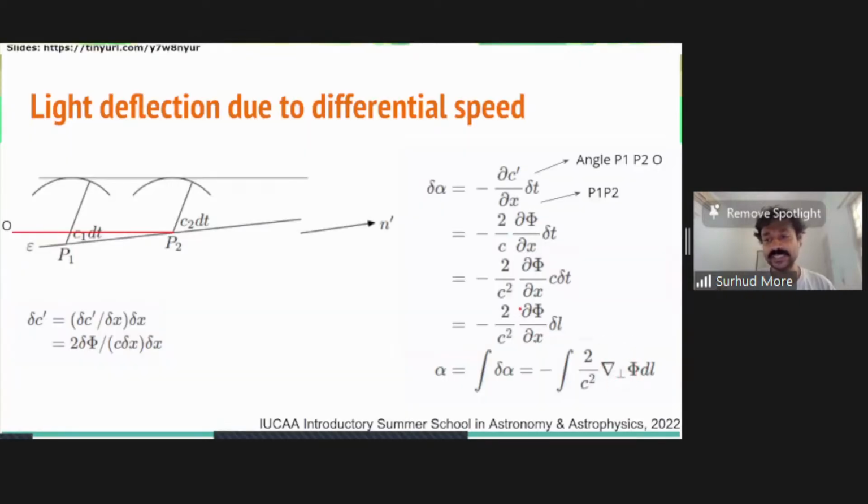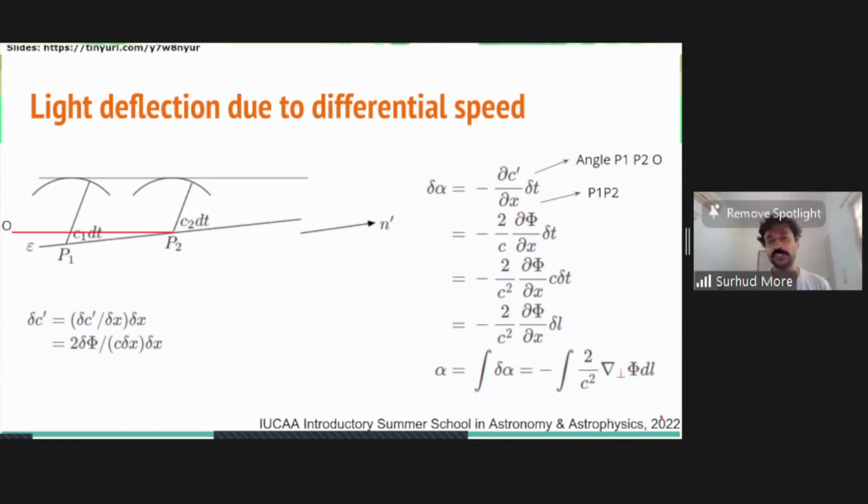Right? So that's what this del phi by del x becomes. This delta L now becomes a dl, and 2 by c square just remains. So this equation represents how a light ray will undergo deflection because of the presence of a massive object, which is causing this particular potential, right?